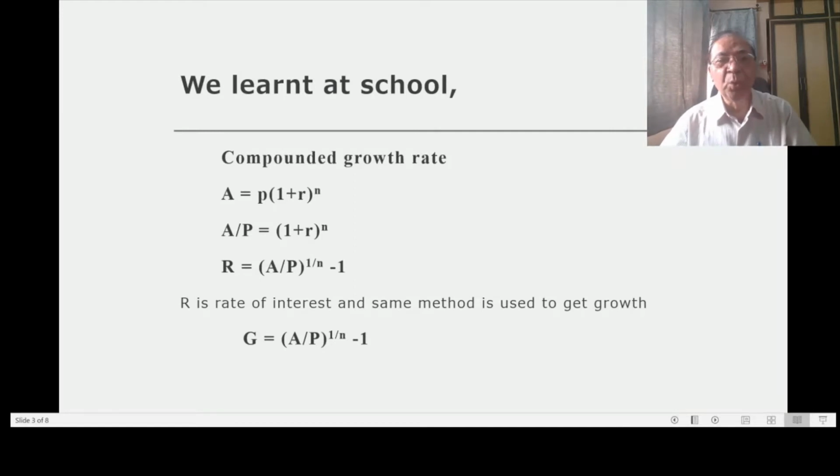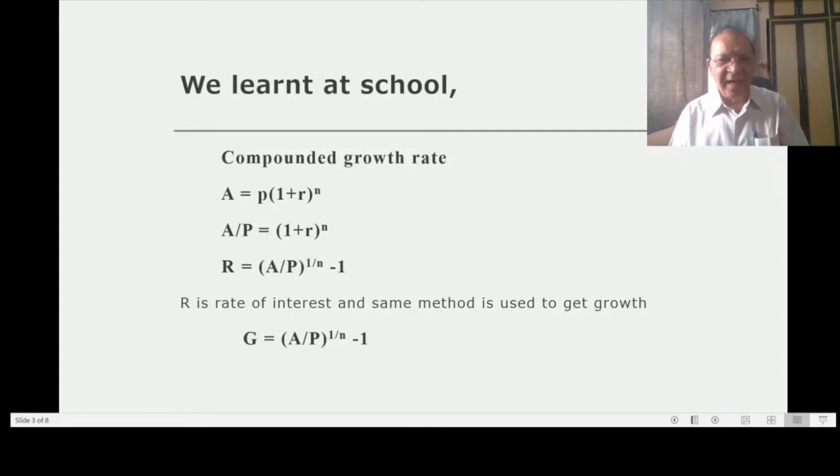We learned at school how to find out compounded amount. This was calculated by using the formula A is equal to P into (1 plus R) raised to power n, where P is the principal amount, A is the compounded amount, as in your FDR, fixed deposit. So if you take P towards the left side, A upon P is equal to (1 plus R) raised to power n.